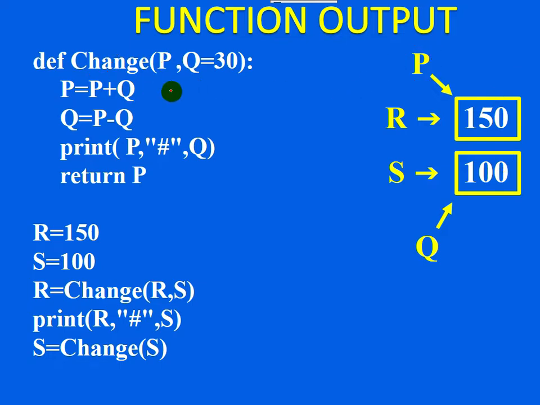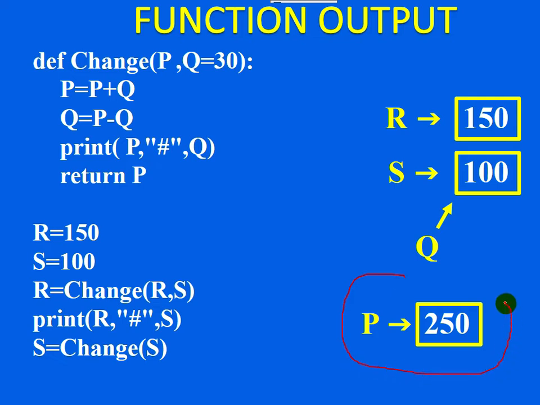One equal to sign is the assignment operator. You can see this is gone, and now your variable p points to integer data 250.